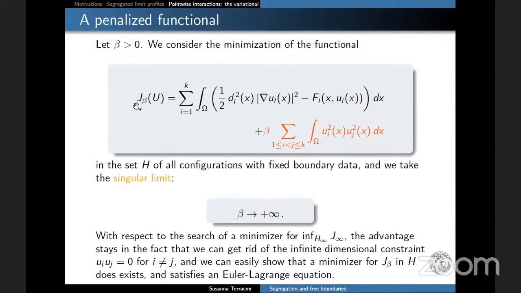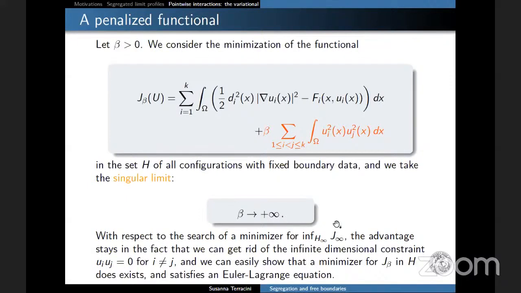Well, okay, now why was I calling this functional J infinity? Because in fact it can be seen as the limit of a singularly perturbed class of functionals, where there is a penalization term, which is this one. If you put a large scalar beta in front of this part, then this has the effect of forcing segregation in the limit.